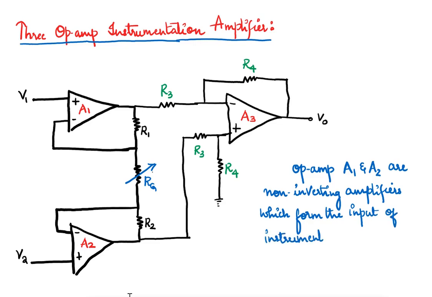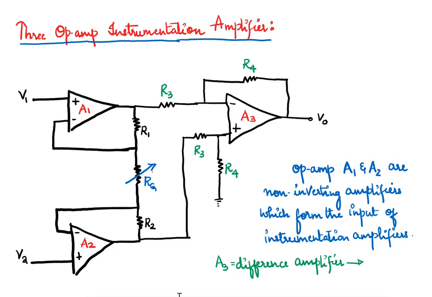So the input to the instrumentation amplifier is the input corresponding to the op-amps A1 and A2, which is taken from their non-inverting input terminals. And the output of the op-amp A3 will be equal to the output of the instrumentation amplifier circuit.